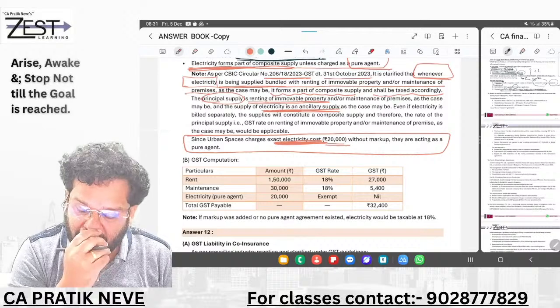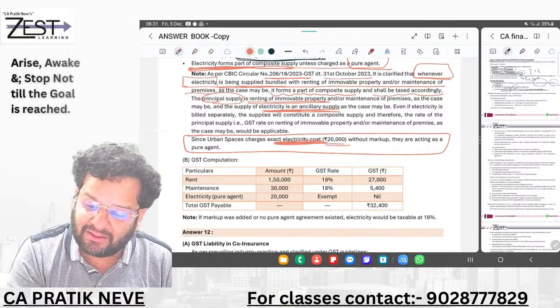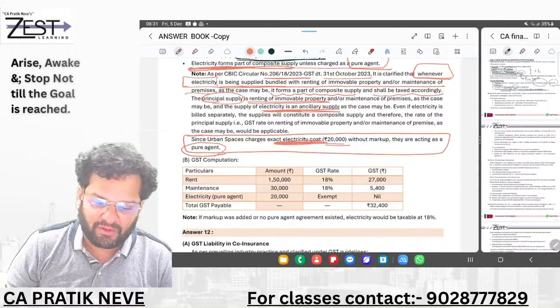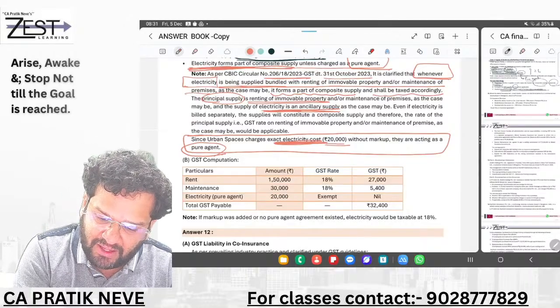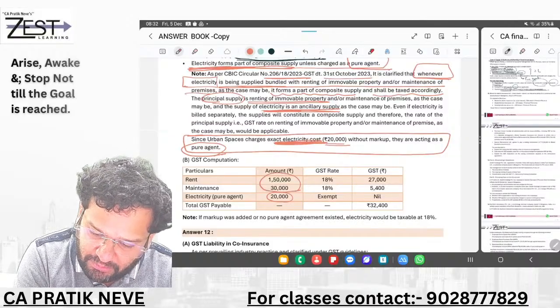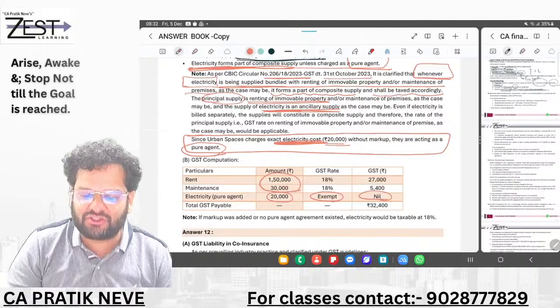That's why we can say that they're acting as a pure agent. That's the whole catch in the question. That's why assessable value will be only 1,80,000 and this 20,000 will be exempt. There will be no GST on that.